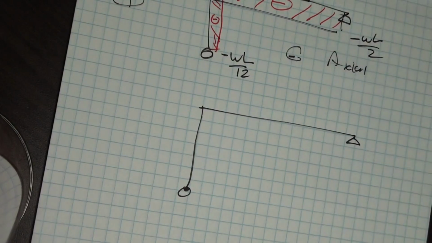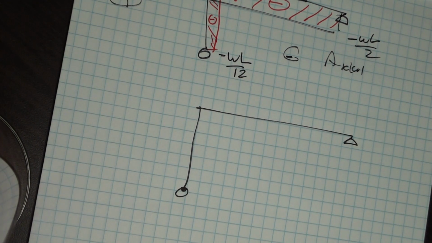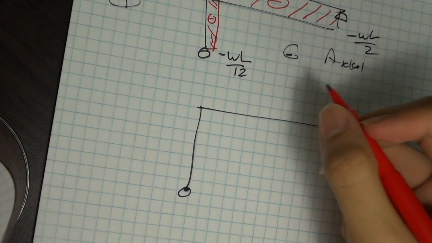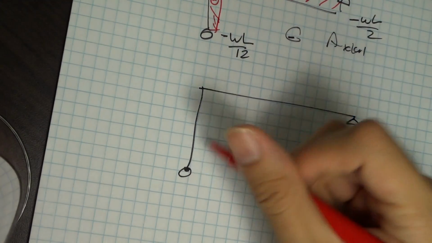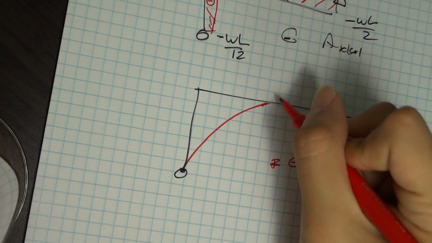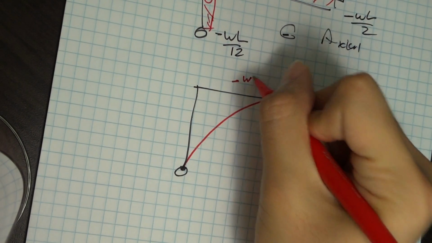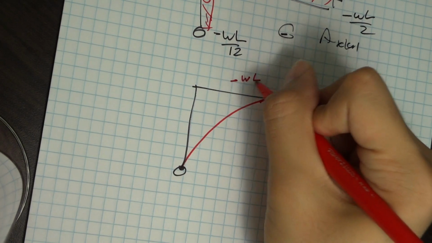That is the equation of my line. It starts off at 0 and it's parabolic, and it is negative. Again, I'll make my negative on the inside. I'm going to go with something like this. Negative WL on 2.